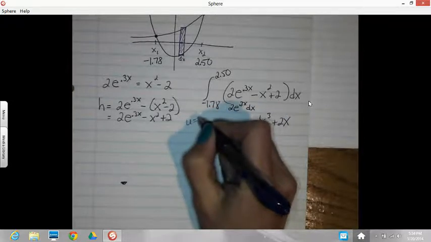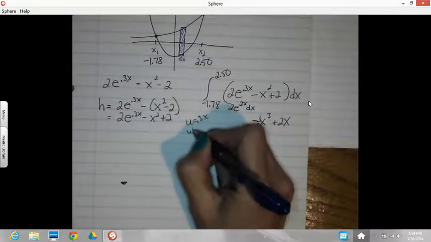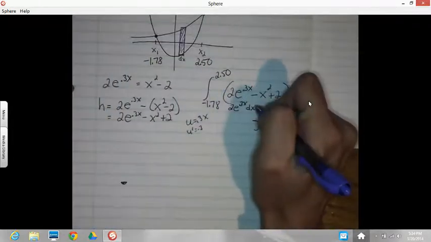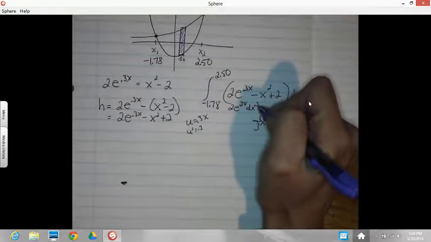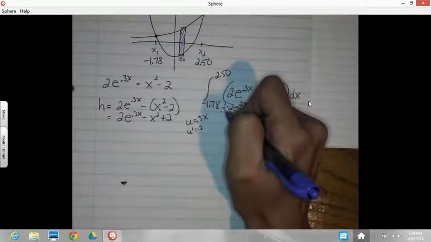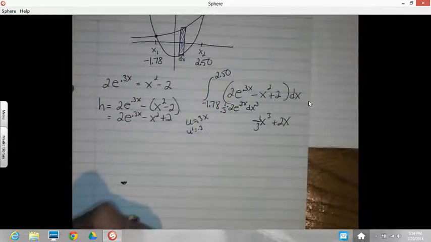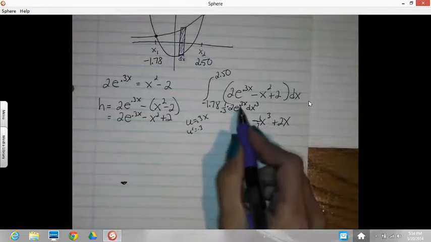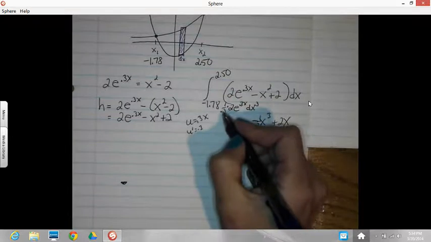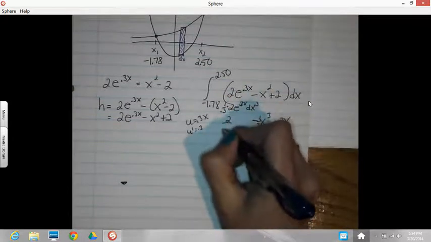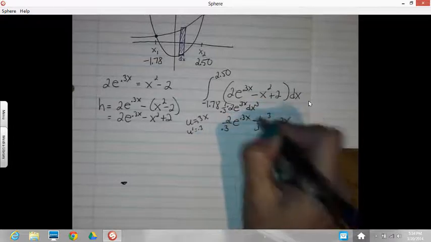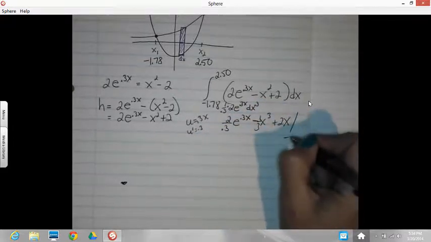So that means the u prime is 0.3. So I need a 0.3 next to the dx, which means I need a 1 over 0.3 out in front. Now I can integrate this back to itself and carry along that multiplier. So I've got 2 over 0.3, that's ugly, e to the 0.3x. And now I'm ready to evaluate from negative 1.78 to 2.50.